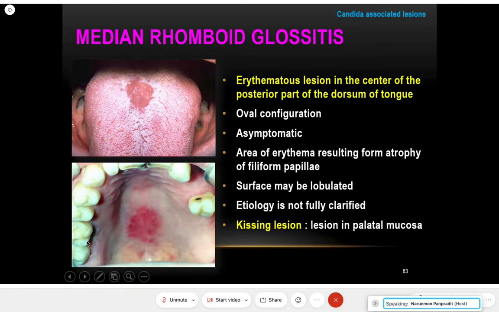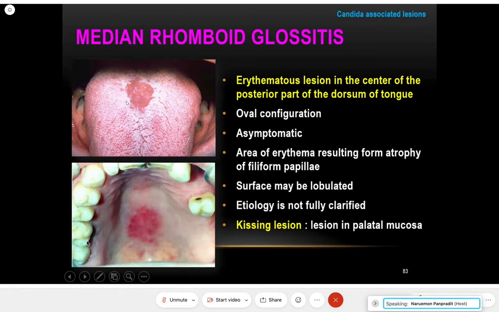So it's an erythematous lesion located in the center of the posterior part of the dorsum of the tongue. That is the definition of median rhomboid glossitis. It is one kind of erythematous lesion, which means depapillation of this area. So erythema, but its unique character is the posterior part and the median location. So we call it median rhomboid glossitis.